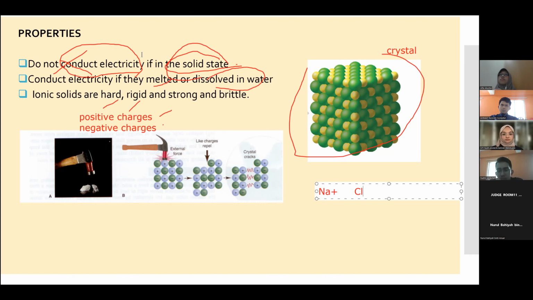This is the ionic bonding, and then we see that this is sodium and the other is chloride.